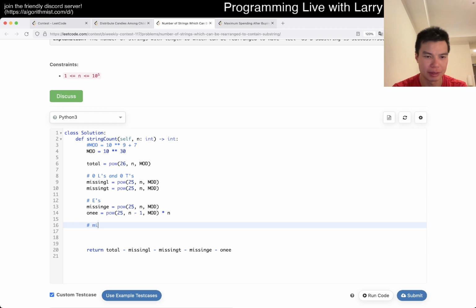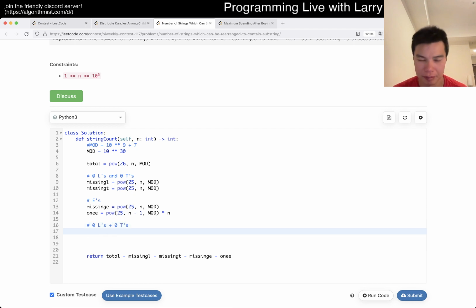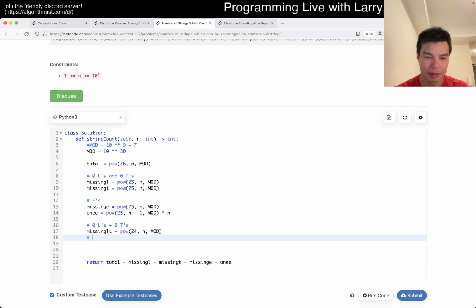So missing L and missing T. 0 L's plus 0 T's. So that means that things that are missing in both. So that means it's 24 times 4 and mod, right? 0 L's plus 0 E's.